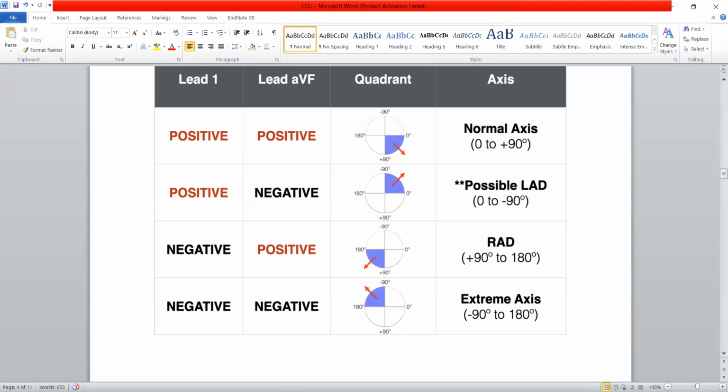And inferior wall MI causes left axis deviation. Okay, let me explain it to you by showing you another diagram. Just give me a minute.